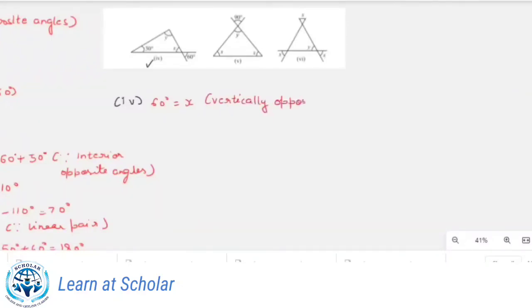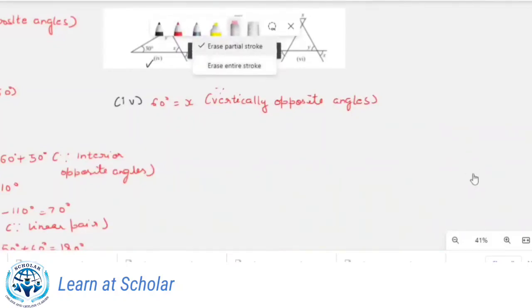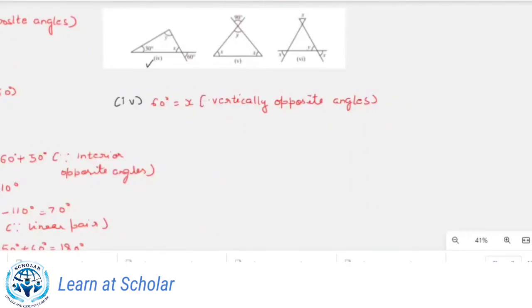X will be equal to 60 degree as both are vertically opposite angles. Now the two angles are known, we can find out the third angle as all the angles sum up to 180 degree in a triangle, the angle sum property. X plus y plus 30 degree is equal to 180 degree.